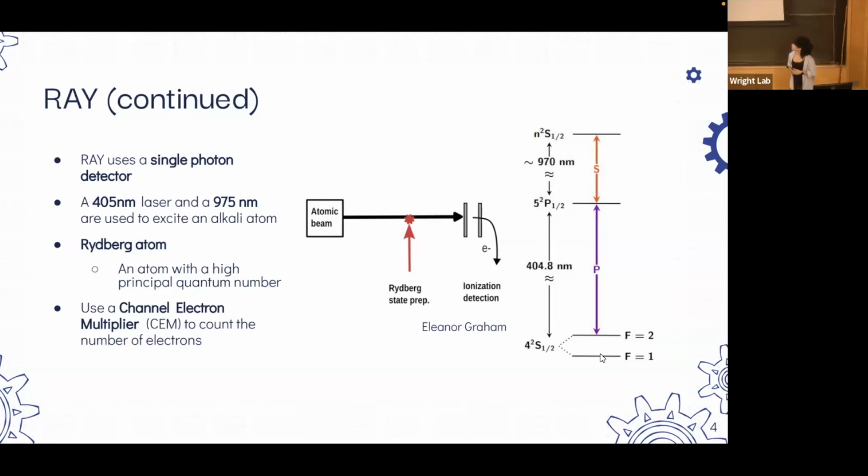Once this Rydberg atom has been ionized, we use a channel electron multiplier to count its electron. Through this, we are able to use the Rydberg atoms to detect single axion microwave photons.